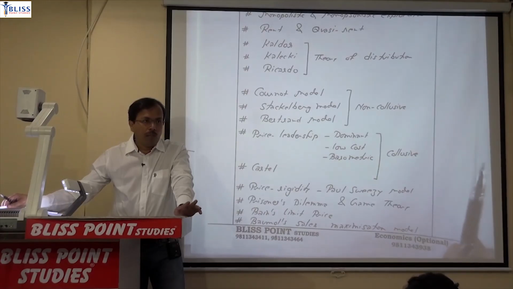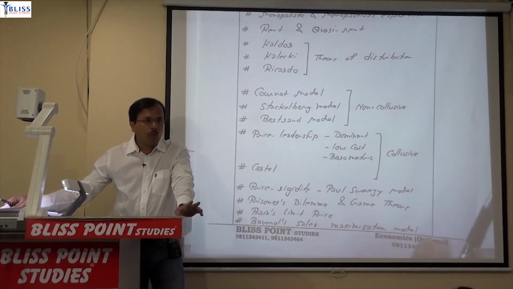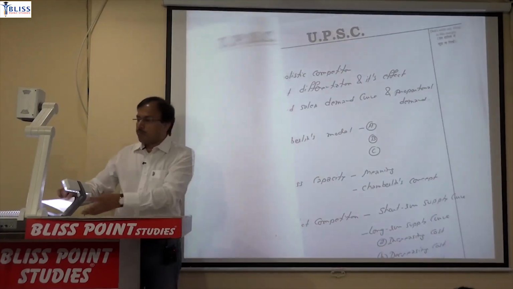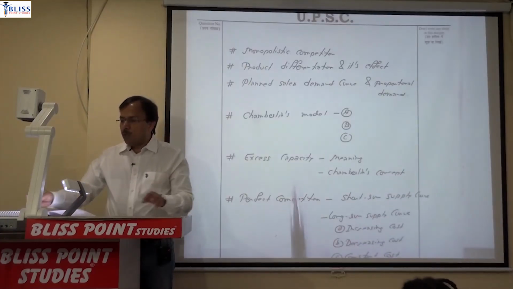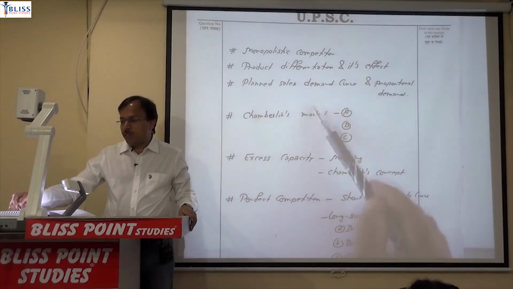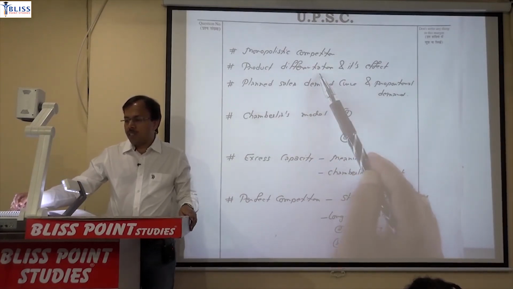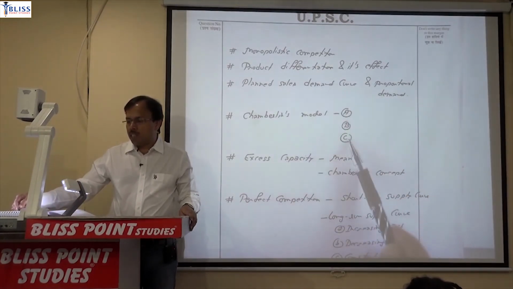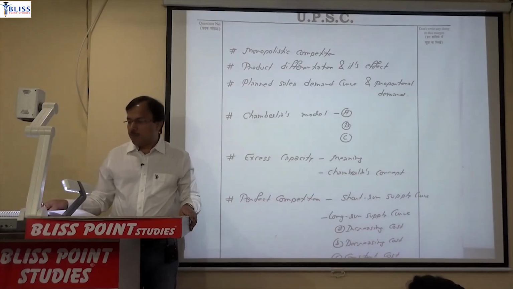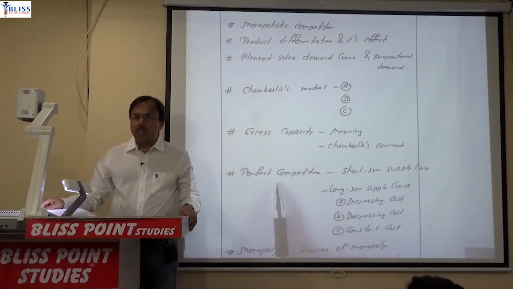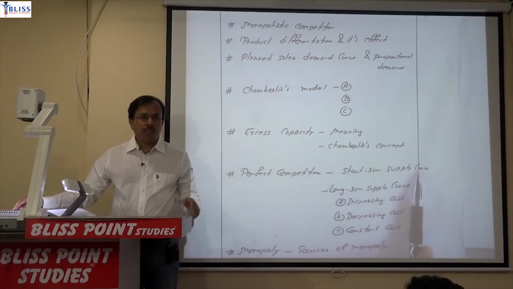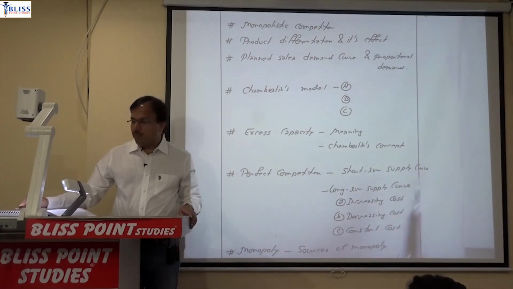So within market there will be oligopoly, monopolistic, and perfect competition. Within monopolistic these will be the separate topics: monopolistic competition, product differentiation, Chamberlin model, A, B, C, excess capacity concept. Perfect competition usually starts with the short run supply curve.